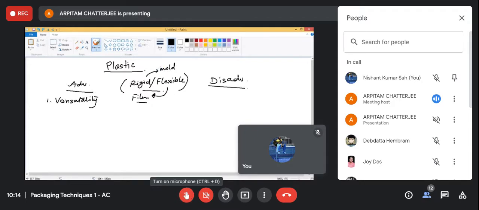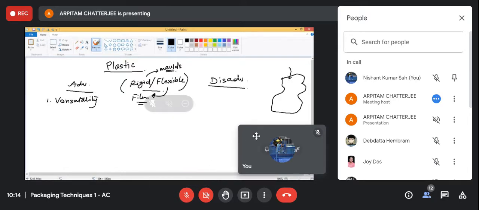So that is the important thing, as you already told, that plastic has a very high versatility. Like you can create any kind of mold. Say I want to make a shape like this. I can create a bottle, and I can create a mold of this shape and give plastic that particular shape.